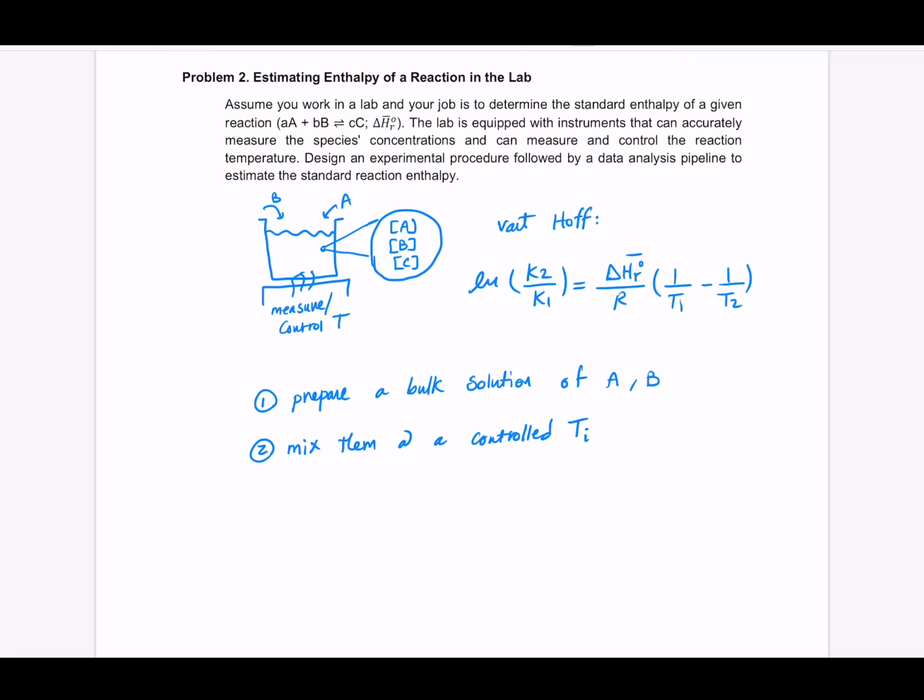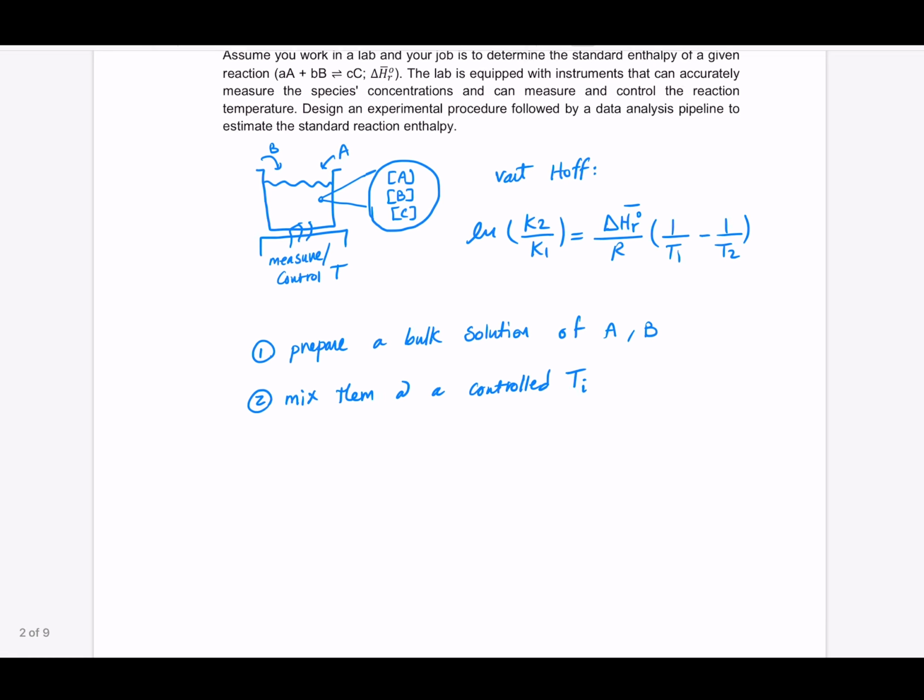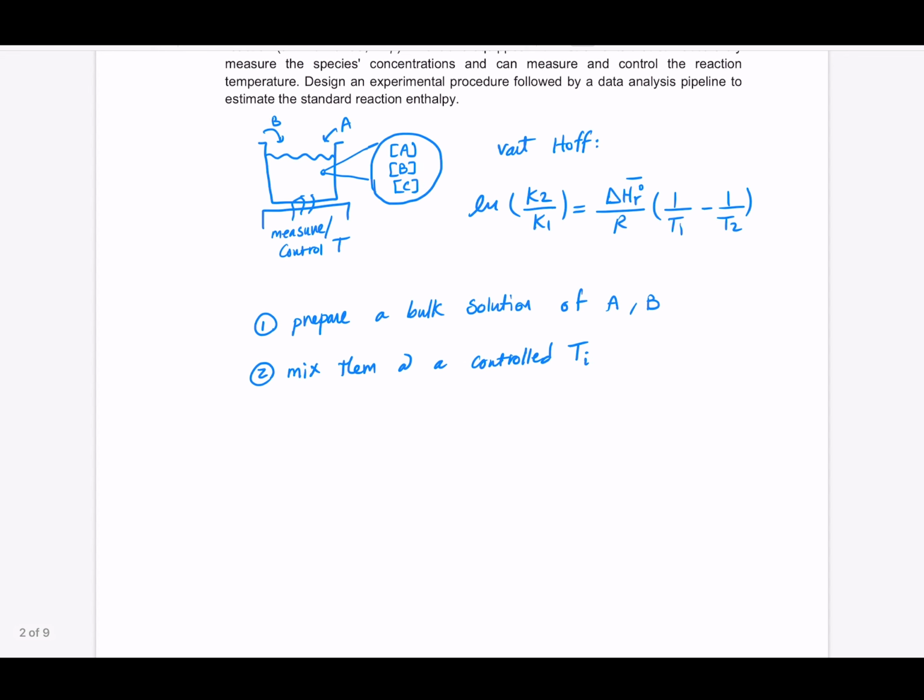Let's call this Ti. So one temperature, we have the ability to do that. And then we let it equilibrate.